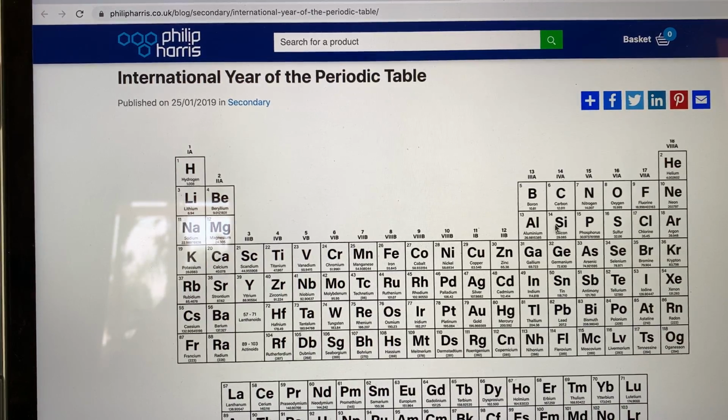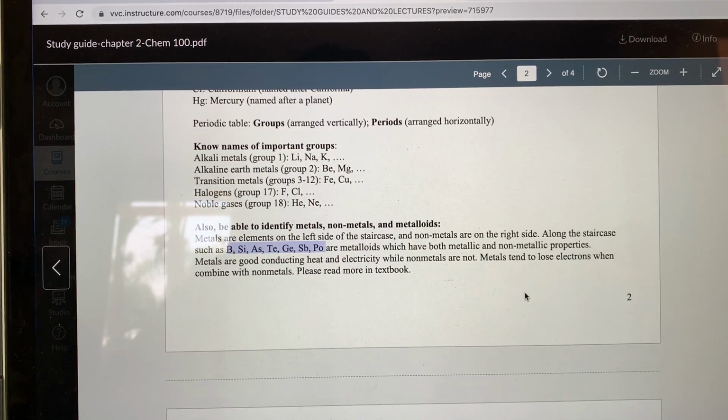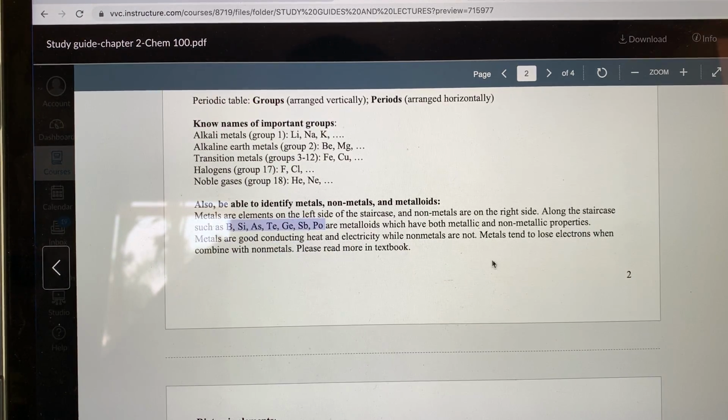On the borderline, those are metalloids. Let's go back to this, and a little bit of the physical and chemical properties of these metals, non-metals, and metalloids. Metalloids have both metallic and non-metallic properties. Metals are good at conducting heat and electricity, while non-metals are not.